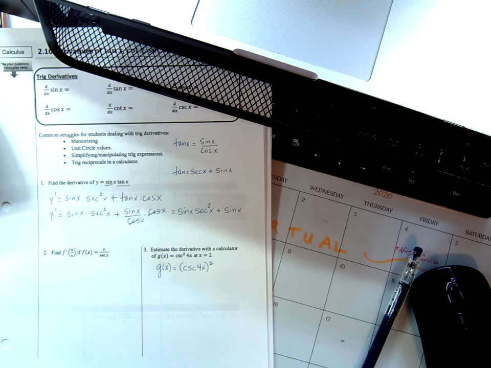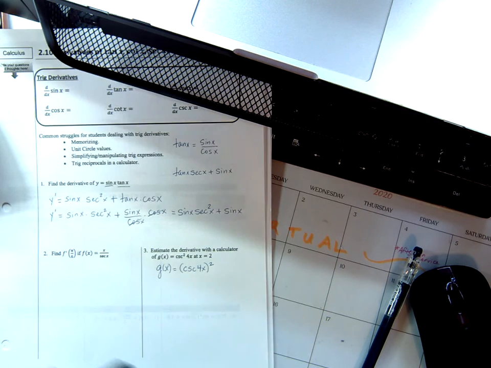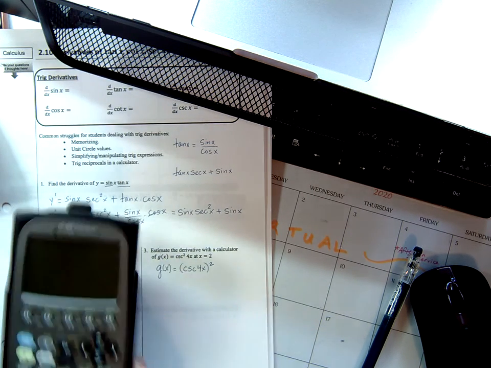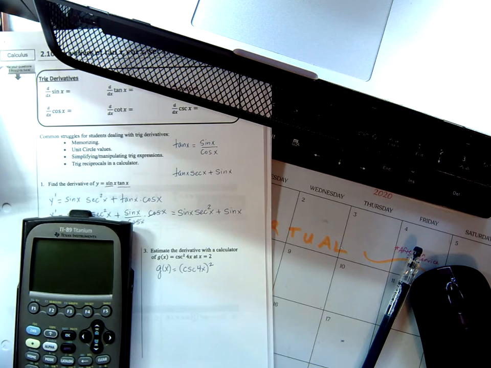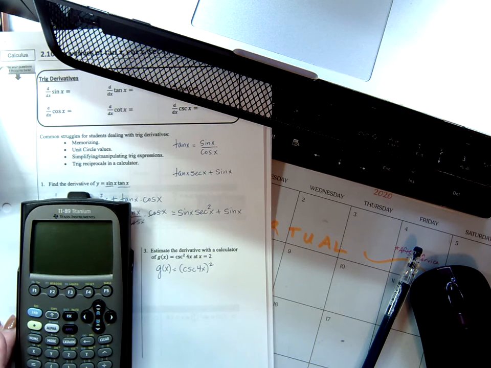So we're grabbing calcs. I'm going to grab my calc. Here it is. All right.